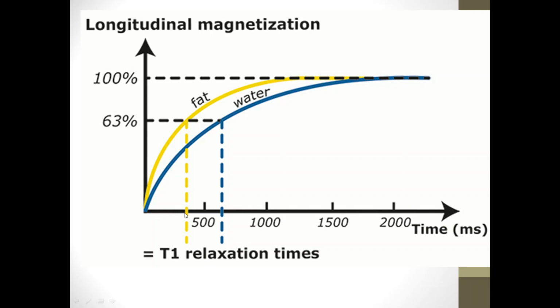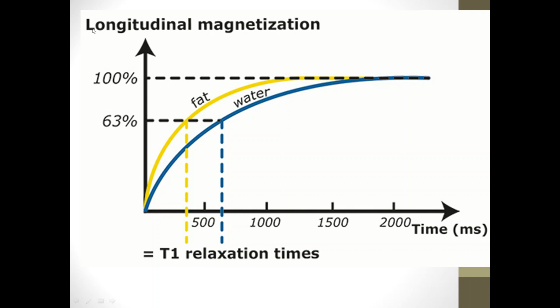So fat takes short time, but water takes long time. As we said before, fat is like fast food, while water takes a long time to drink after we eat fast food. So water has long T1, and fat has short T1.